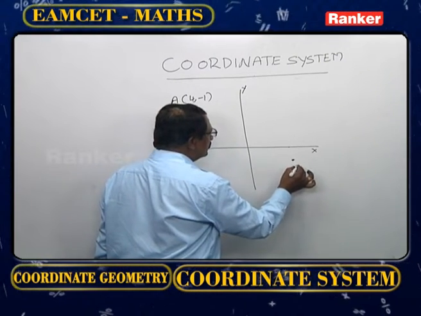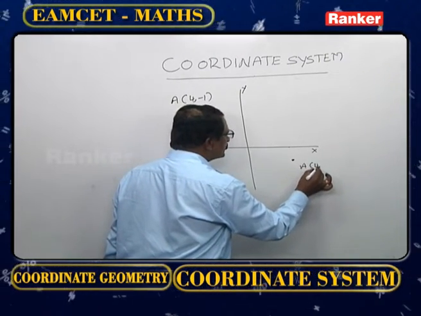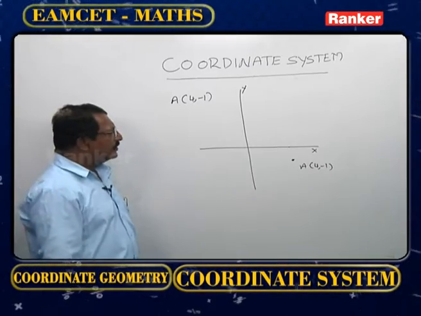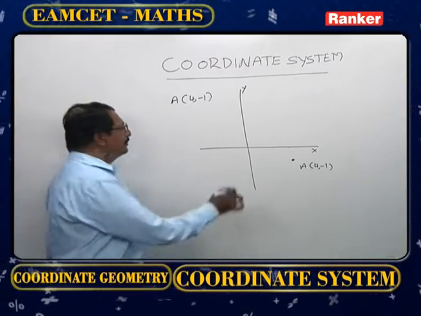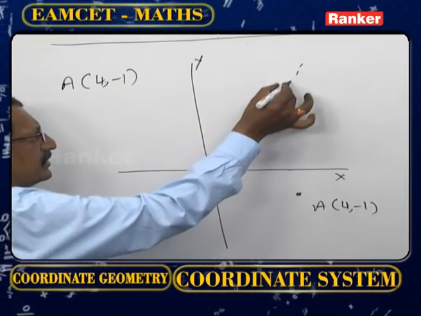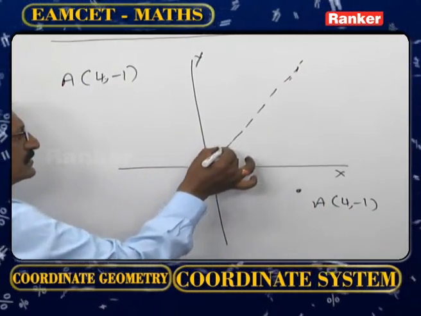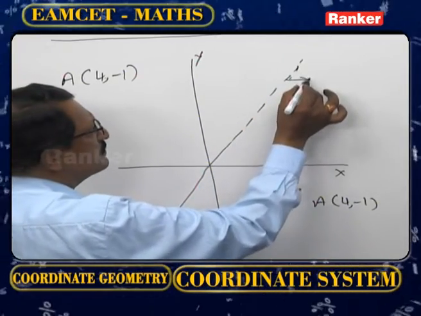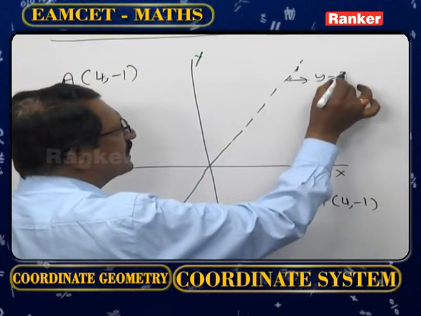Now the point A is symmetric about the bisector of the first quadrant. Now divide the first quadrant into 2 equal halves, that is the bisector of the first quadrant. Always the bisector of the first quadrant is y equals x.